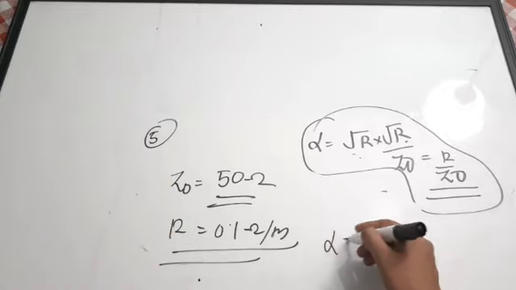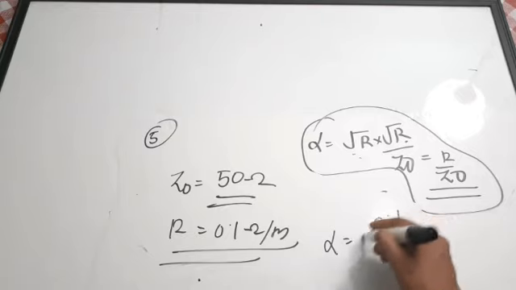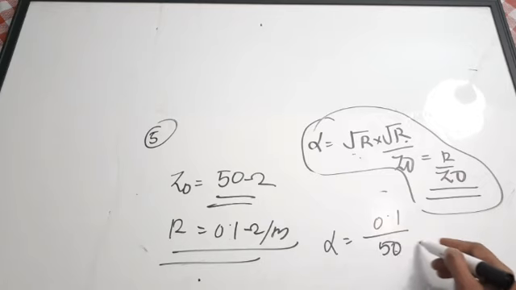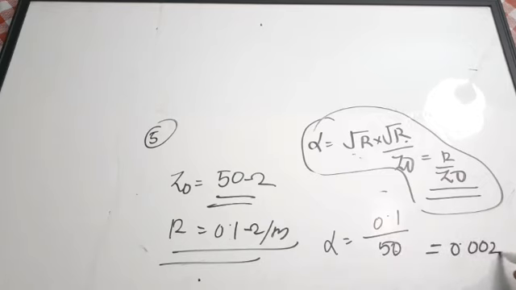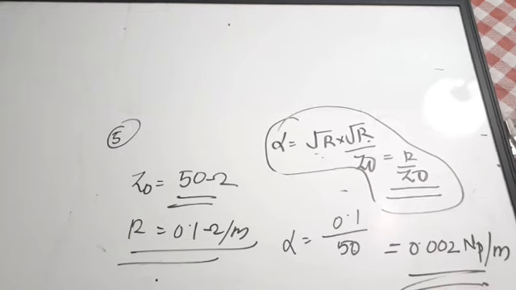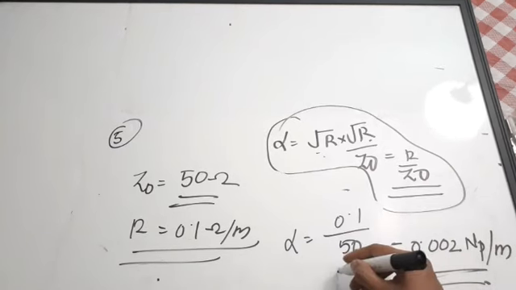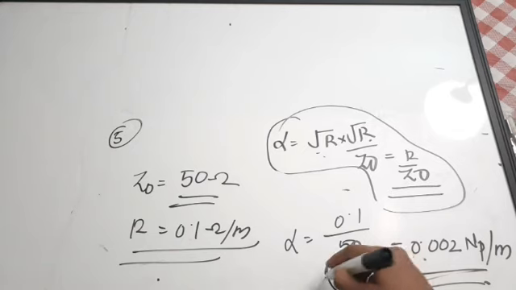So alpha equal to 0.1, that is the value for your R, by 50. The answer coming is 0.002 Np per meter. The correct option is option D.